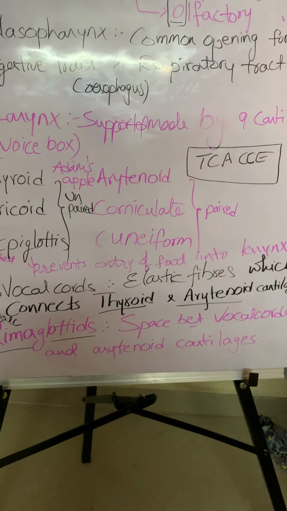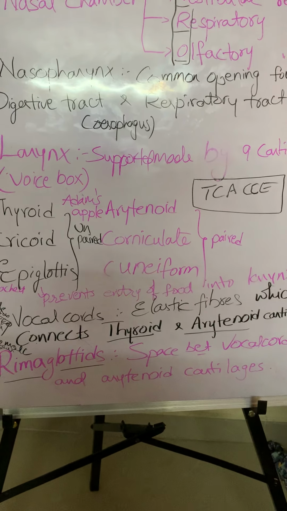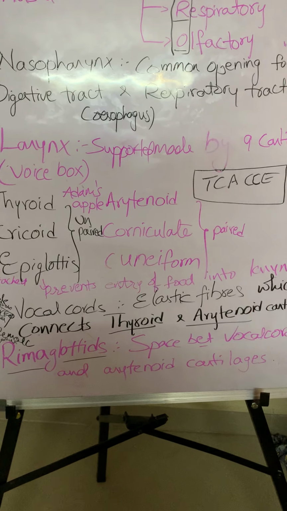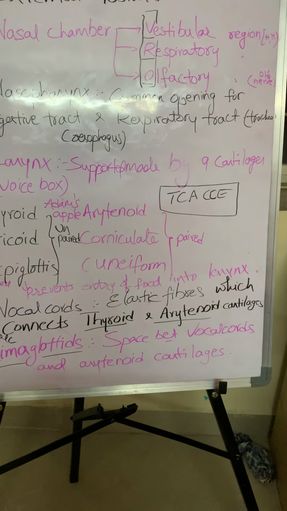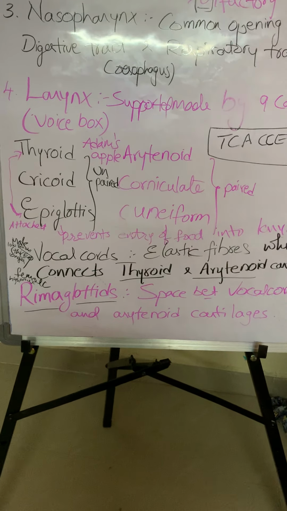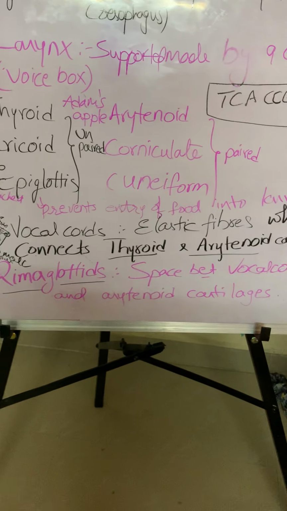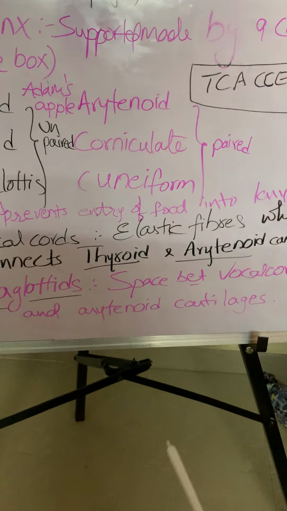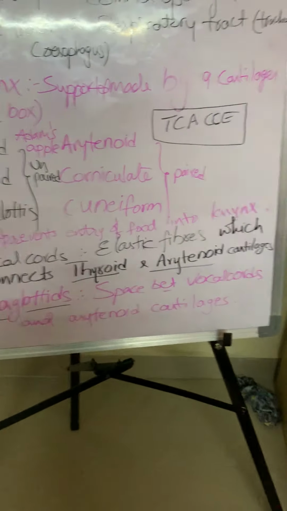Whenever we inhale and exhale gases, whenever we talk, the intake of air is different, and with that different sounds are produced. For the production of sound, vibration of the vocal cords is very necessary. These vocal cords are attached to the thyroid and arytenoid cartilages.